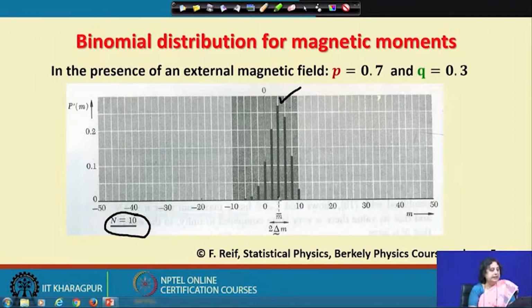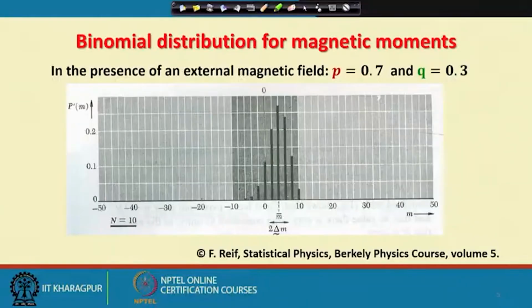Not only that, what I find is that this is actually pretty skewed. Now, this kind of skewed asymmetric distribution we will continue to see in the presence of the external magnetic field. So, next let us increase the number of particles and try to see how the binomial distribution changes.